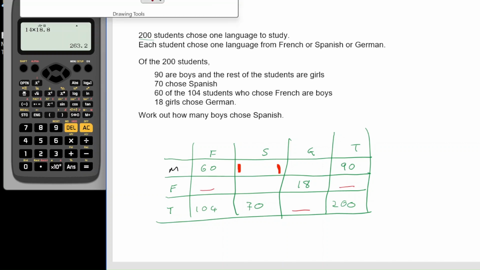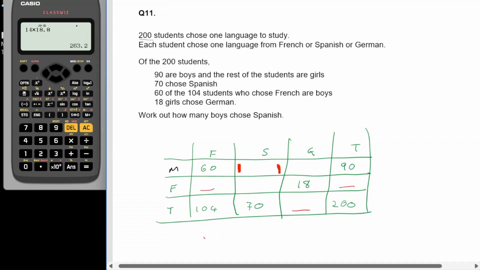We'll go for this one first of all. We've got to have 110 here because 200 minus 90 is 110. This one would be 44 because 104 minus 60 is 44. So far we've got 174, so we've got to have 26 here. That's my next level.